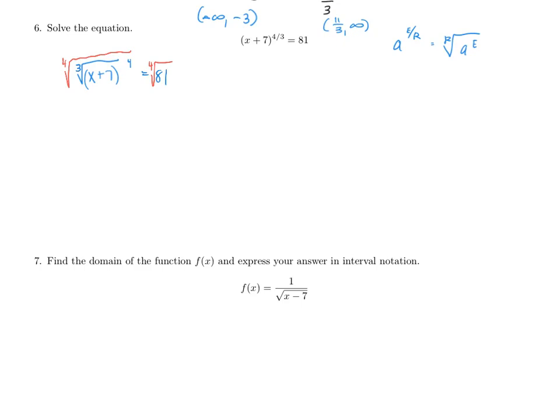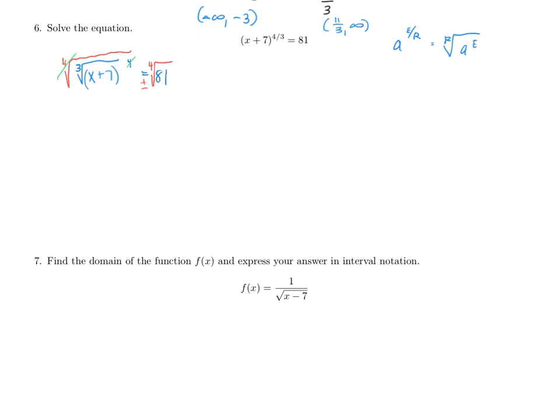Now, if you're taking an even root, like a square root or a fourth root, you have to remember to put the plus or minus. A lot of times, this is what's forgotten when you just raise this to the opposite power, like raise it to the 3/4 power. People end up getting one answer, but they don't get the other one. So the fourth root undoes the fourth power. So these kind of cancel out here.